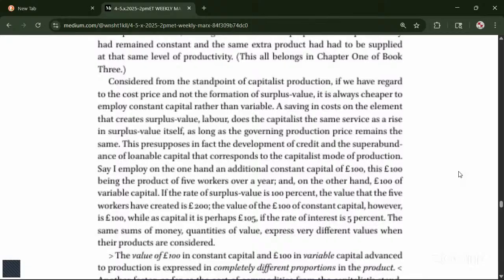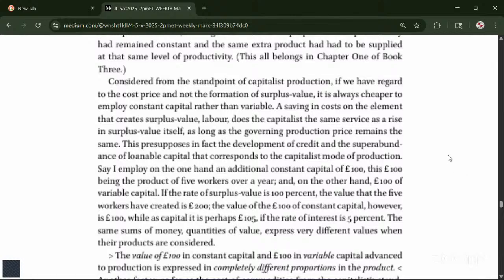The value of the 100 pounds of constant capital, however, is still 100 pounds, while as capital, it's perhaps 105 pounds. If the rate of interest is 5%, the same sums of money, quantities of value express very different values when their products are considered.